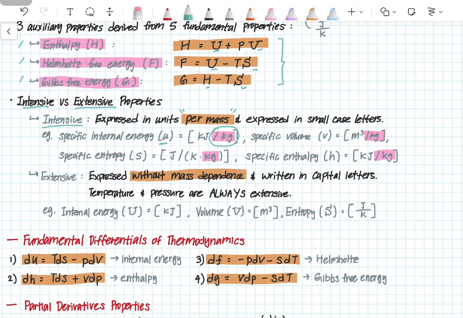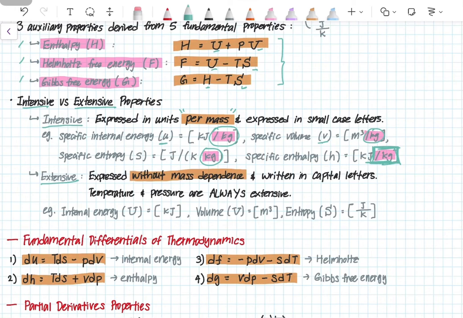If I'm talking about specific volume, little v, my units would be meters cubed per kilogram. Specific entropy would be joules per Kelvin per kilogram. So you just have this per kilogram unit dependence.